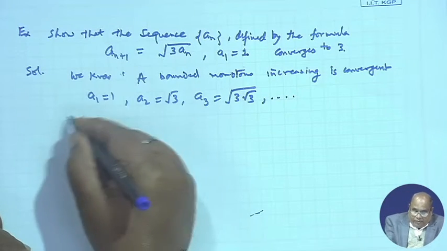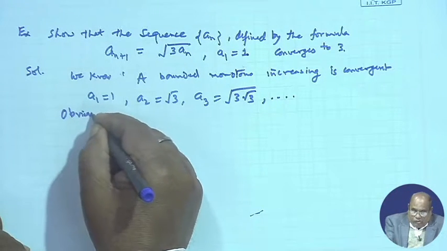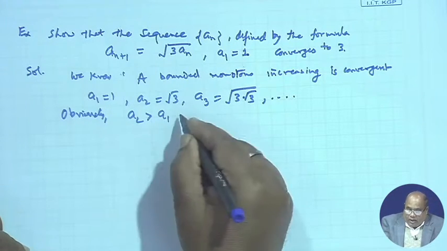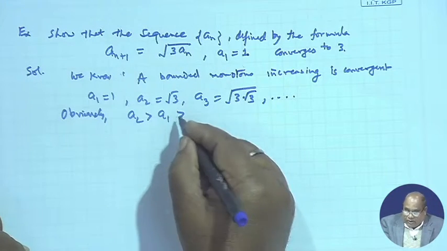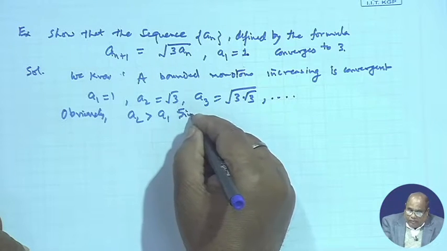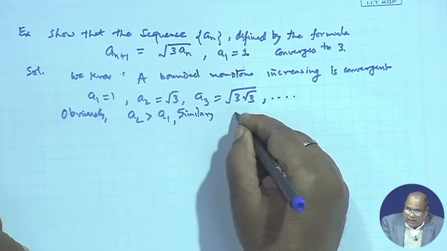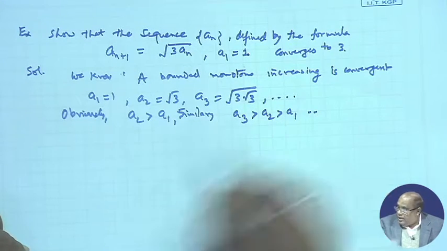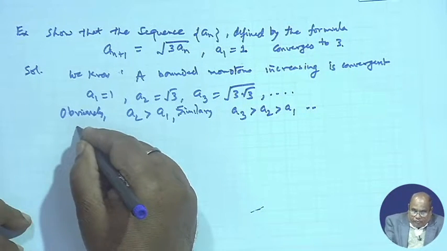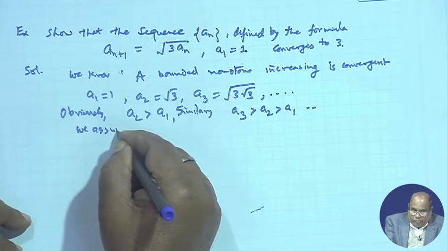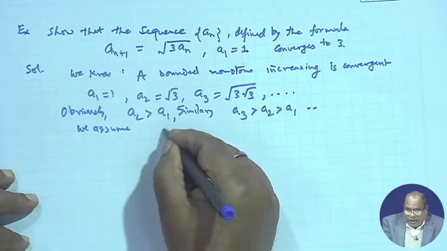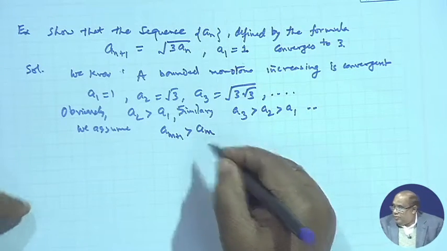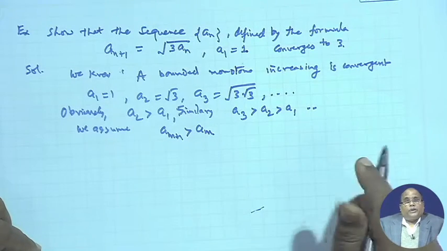So, obviously, A2 is greater than A1. Similarly, A3 is greater than A2, which is greater than A1, and so on. So, we can assume that A(m plus 1) is greater than Am for m from 1 to 3.